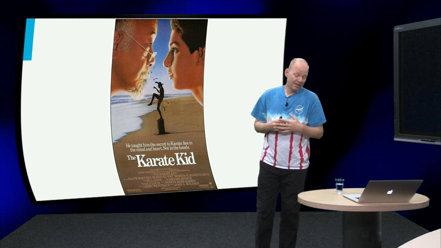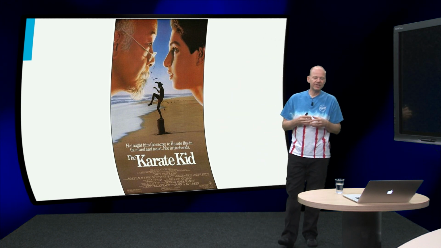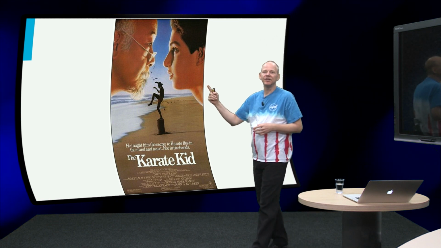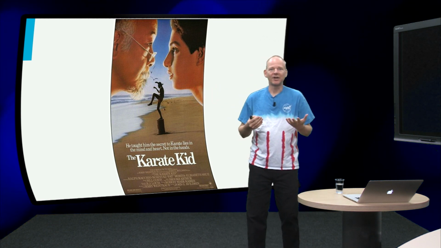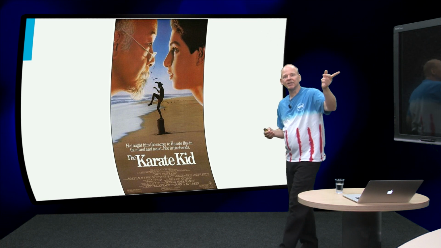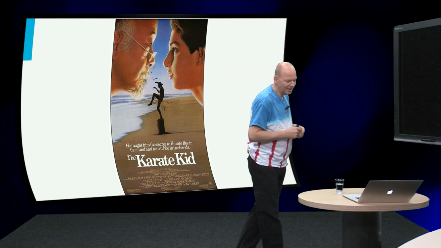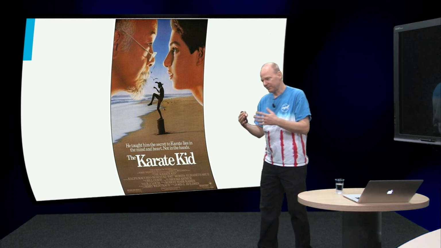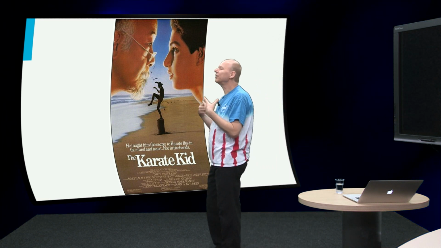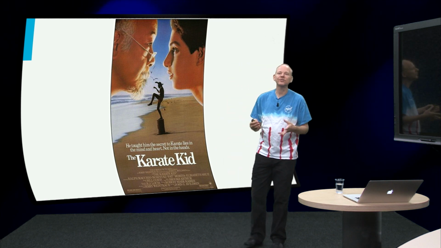If you watch the movie, you will see that the boy here, Daniel, wants to learn karate. And Mr. Miyagi, that's the gentleman on the other side, makes him do a lot of what Daniel thinks are pointless exercises. And he gets kind of frustrated.